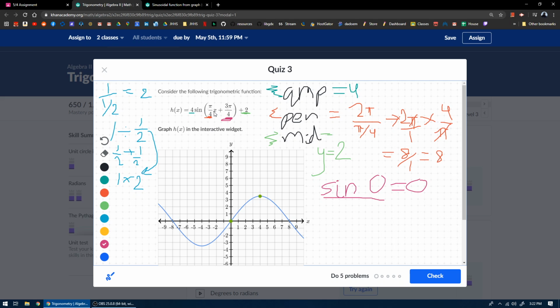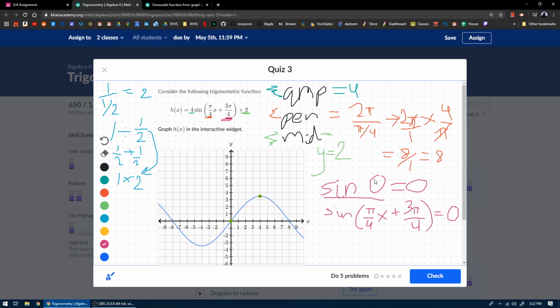Okay? Well, if I have pi over 4 times some x plus this 3 pi over 4, that's a horizontal shift, so left and right, equals 0.